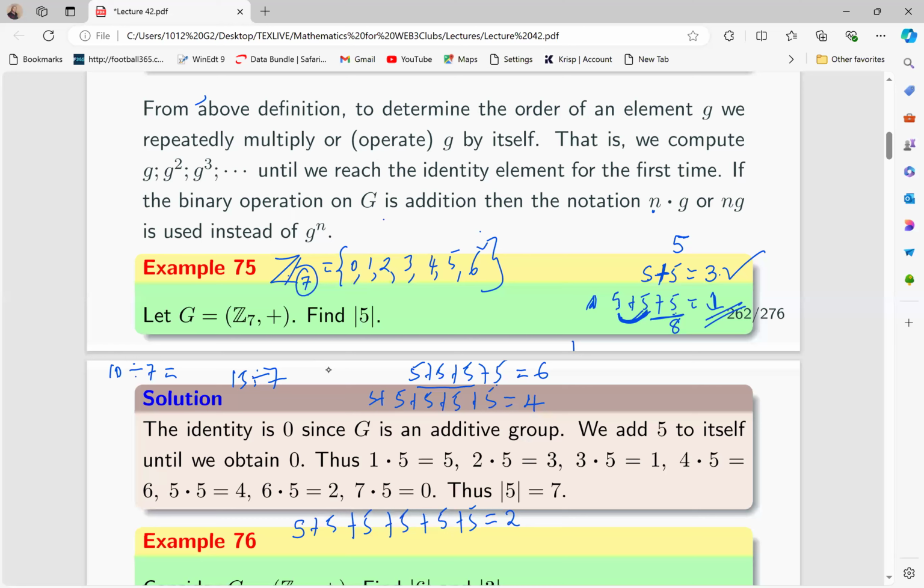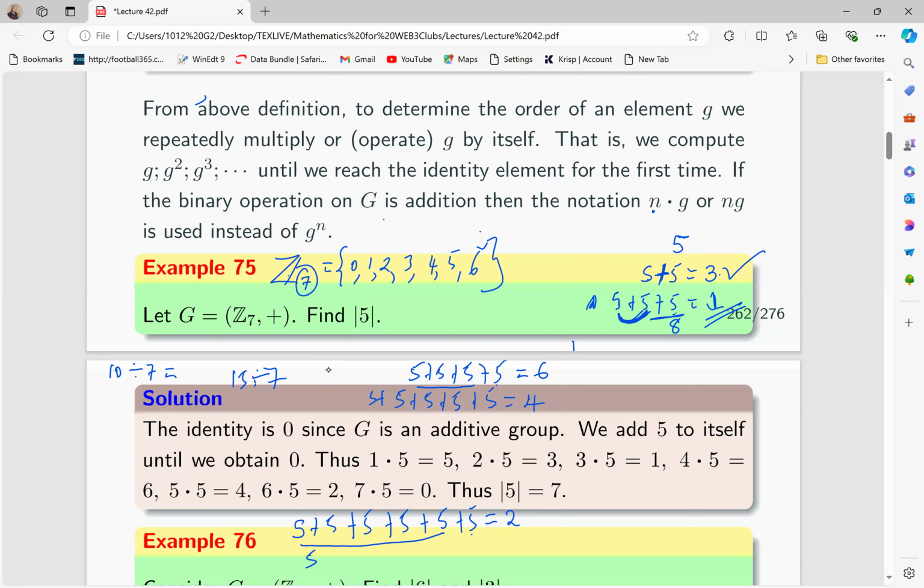Because 5 of them is 4. This 5 gives us 4. Then plus this 5, that is 9 mod 7, that is 2.